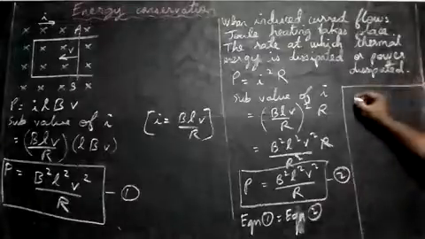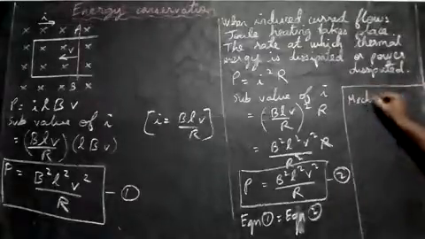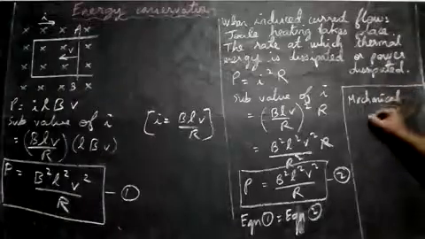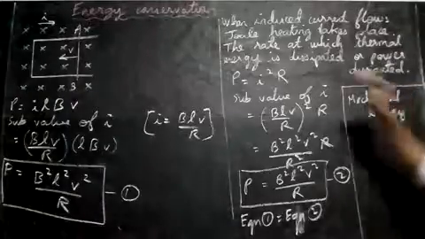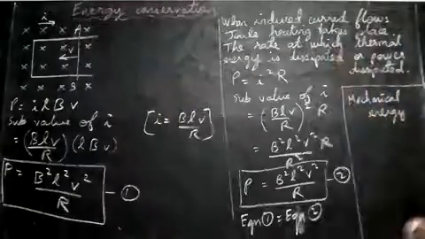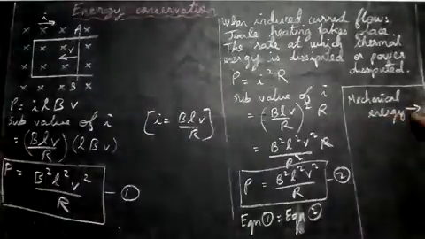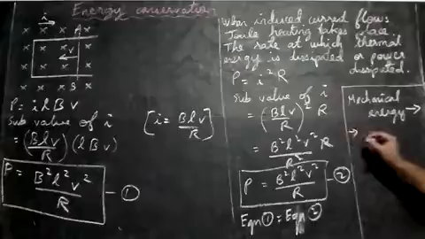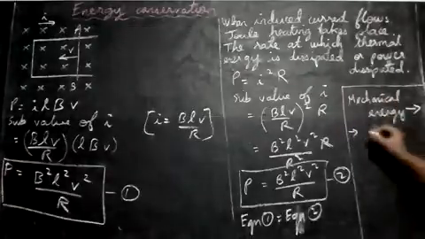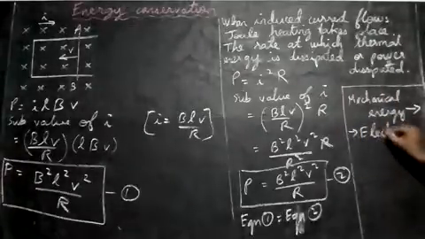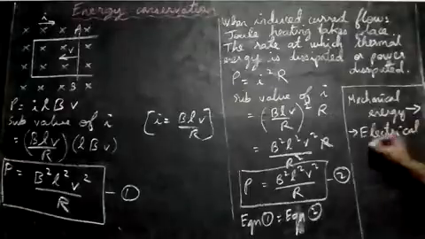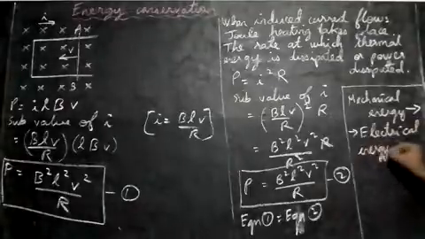So in this case what happens here? First we are giving mechanical energy. How is the mechanical energy given? We are pushing the rod from right to left. So that is the mechanical energy. That energy changes into what? It changes into induced electrical energy. And that electrical energy changes into what?